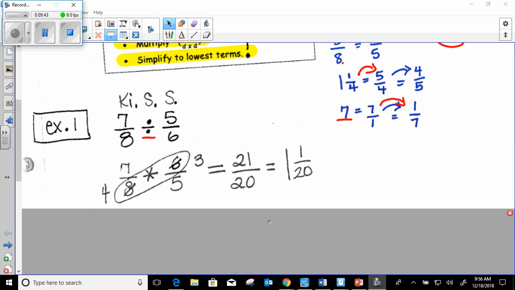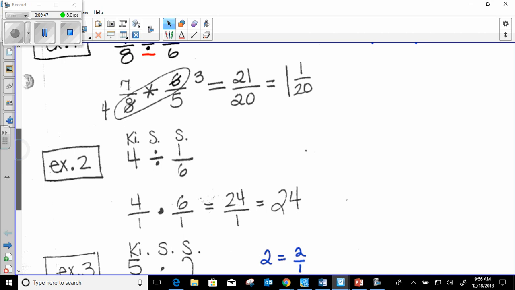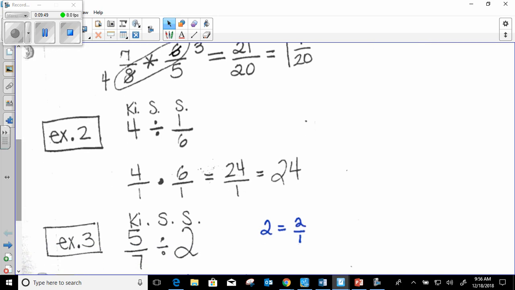So what I'm going to show you right here, and you're going to be able to just look through these examples. Example 2 is a 4 divided by 1/6. I would make sure that I know to put a 1 under the 4. You're going to then change the division to a multiplication sign, then flip to 6 over 1.